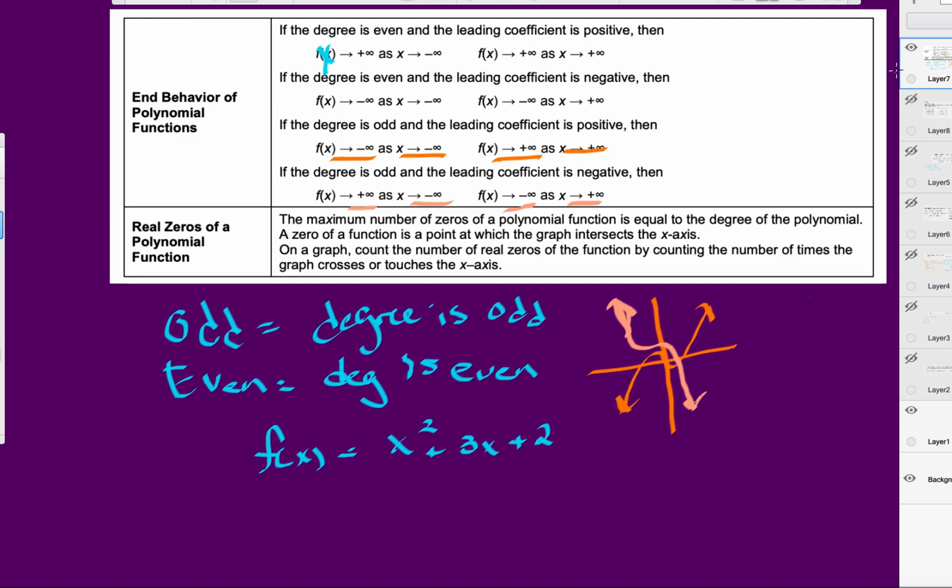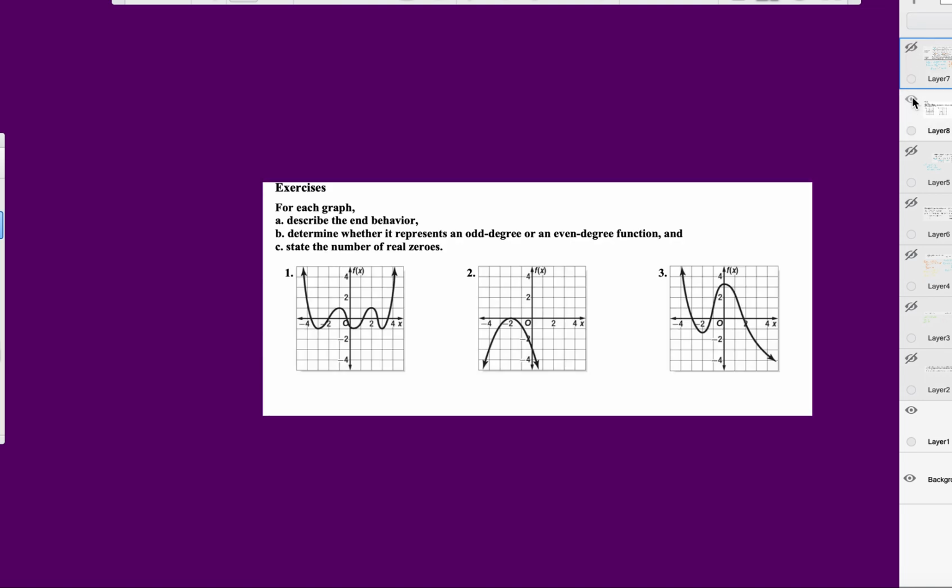I'm going to get rid of this page, and we're going to analyze a couple of these graphs. All right? Well, what does it ask us to do? It says, for each graph, describe the end behavior and determine whether it represents an odd or even degree function, and state the number of real zeros.